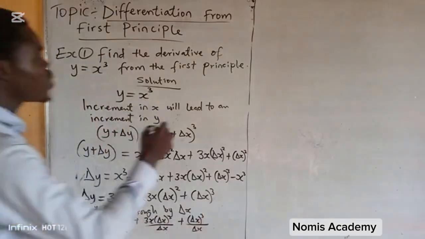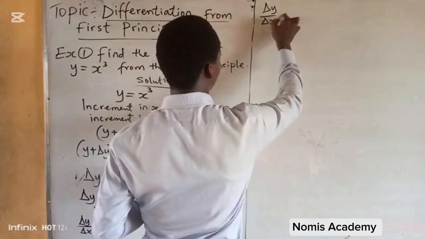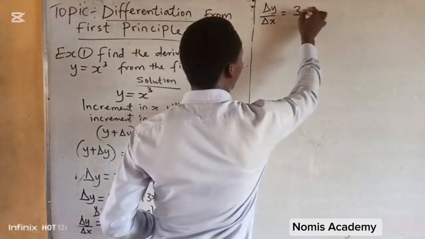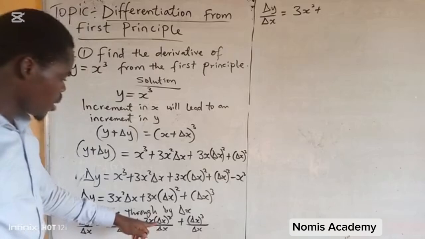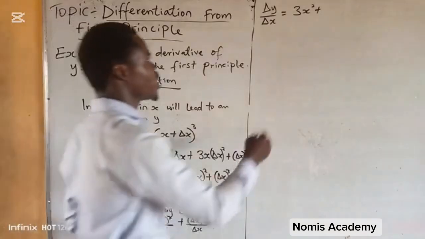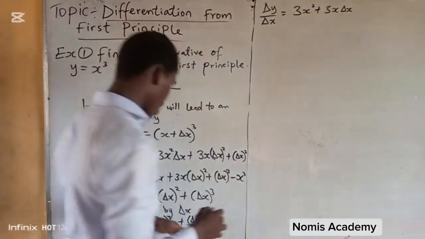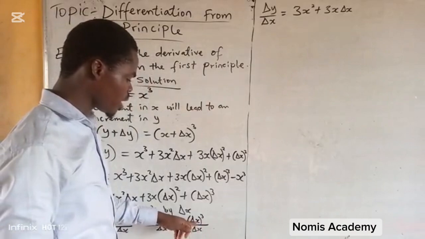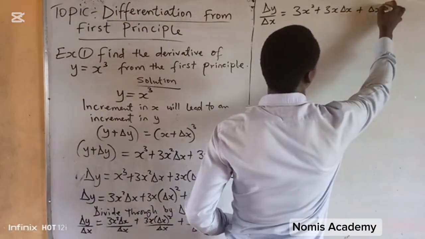Alright, so we go further. Delta y over delta x is equal to, when you cancel out here, you have 3x squared plus 3x delta x squared divided by delta x, you get 3x delta x. And in this case, delta x cubed divided by delta x will give us delta x squared. So you write plus delta x squared.